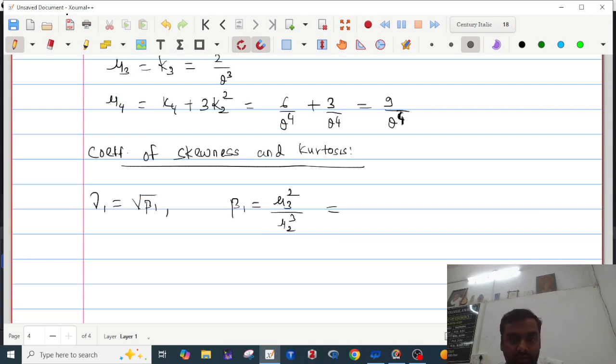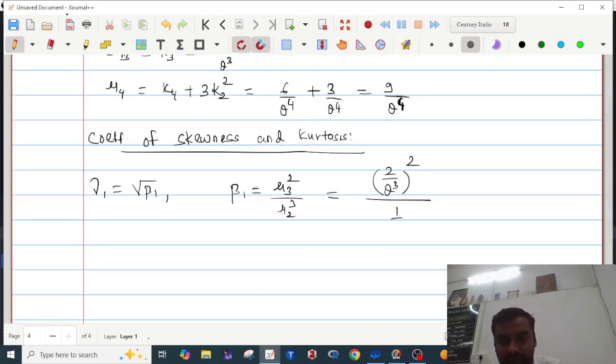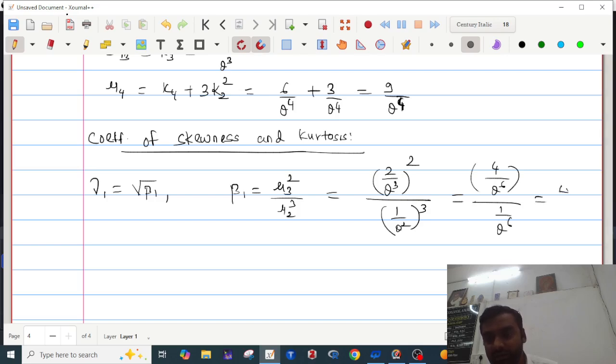Mu 3 is 2 upon theta cube, square, divided by mu 2, which is 1 upon theta square, cube. You solve this, 2 square is 4 upon theta raised to 6, divided by 1 upon theta raised to 6.